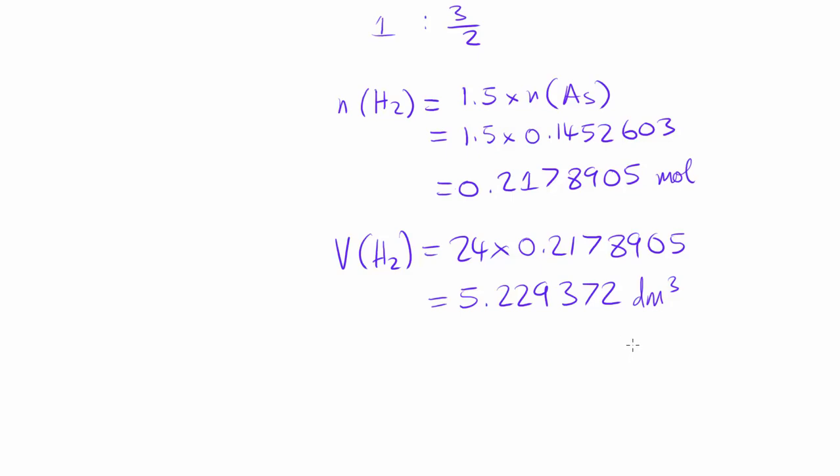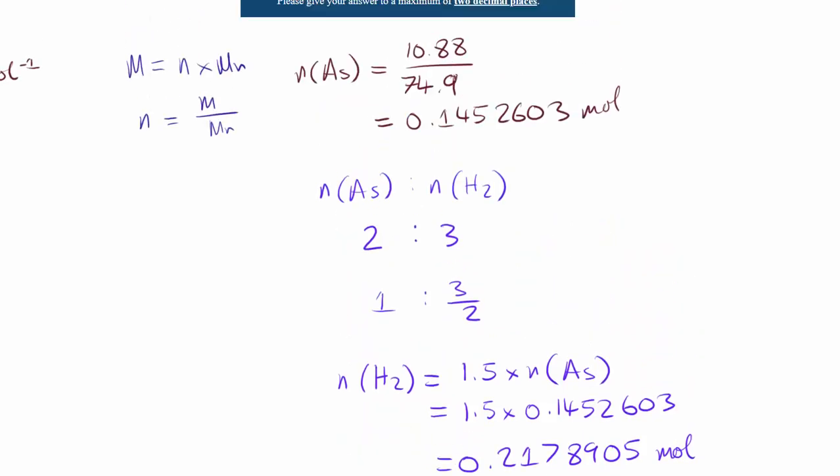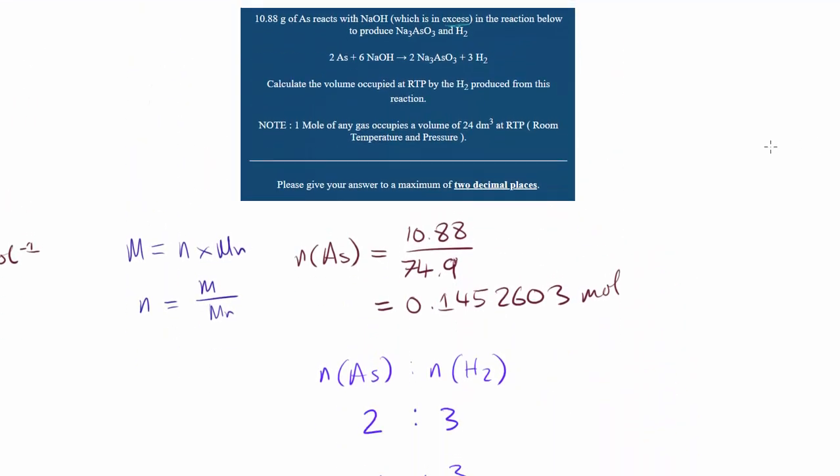And the question makes it specific. The specific request in the question is that the answer should be given to a maximum of 2 decimal places, right? So as you can see here, maximum of 2 decimal places.